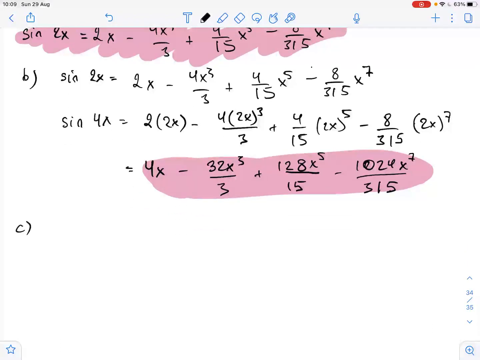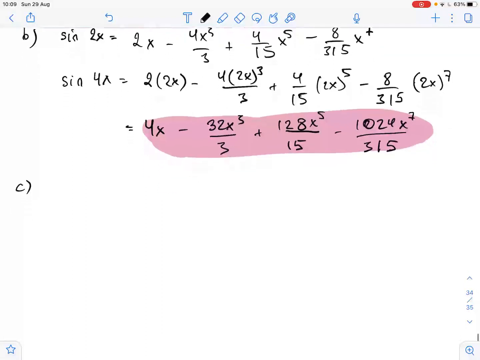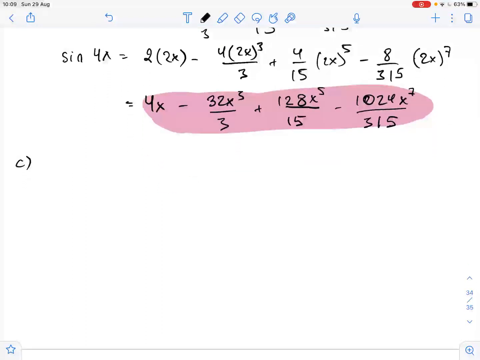Now let's do part C. We need to determine the product of the two Maclaurin series for sine x and cosine x, and compare it with the Maclaurin series for sine of 2x.